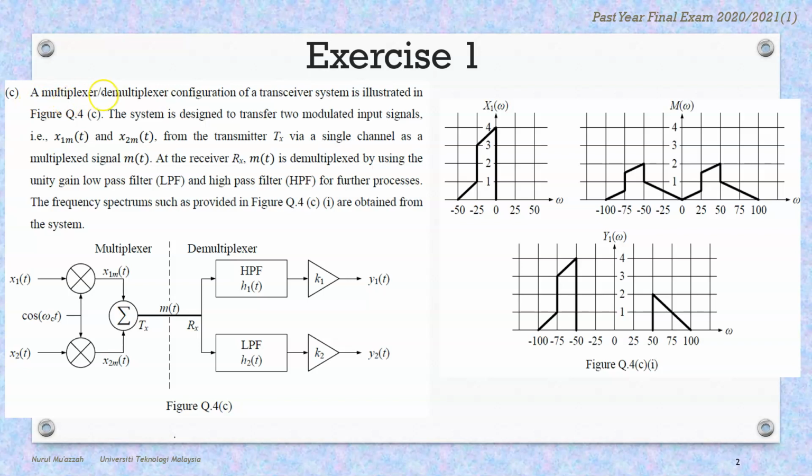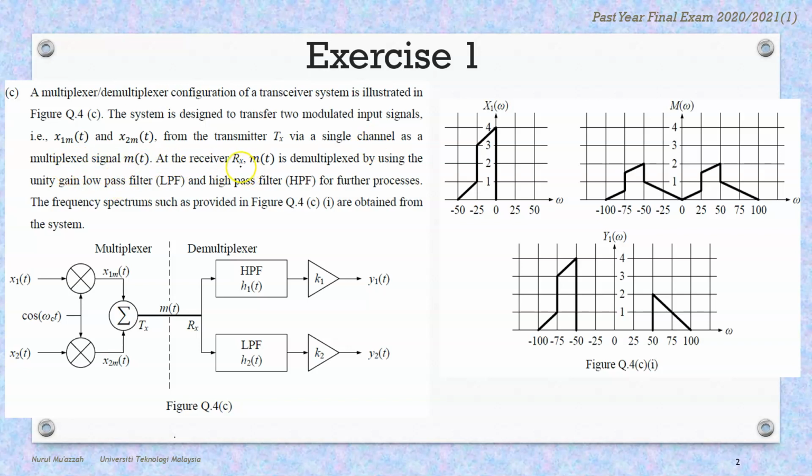The multiplexer configuration of a transceiver system is illustrated in figure Q4C. This is the figure Q4C. The system is designed to transfer two modulated input signals, X1M(t) and X2M(t), from the transmitter TX via a single channel as a multiplex signal M(t).